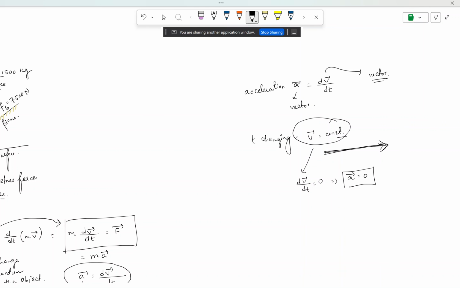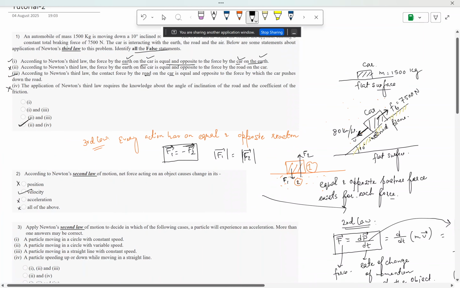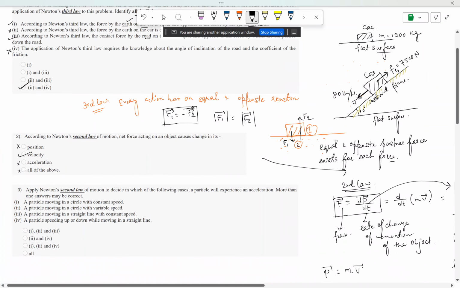So we will say that this object moving with a constant speed in the same direction will have 0 acceleration. But what was the question? Yeah, which one experiences an acceleration, you have to understand.